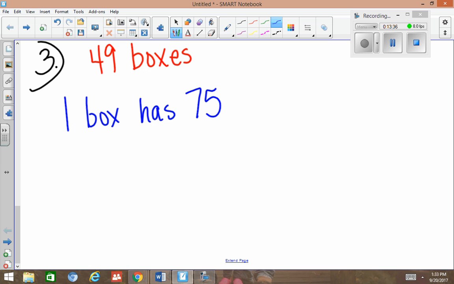Of means times. Okay? So if I'm going to find out my total, what am I going to do to these two numbers? Multiply. Okay, so let's times them to see the total of all these strawberries I had together.